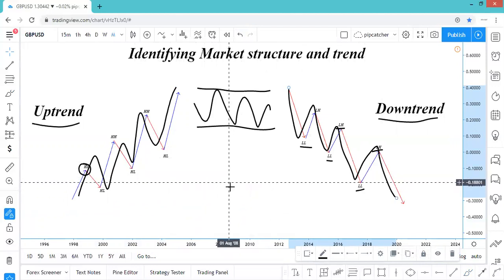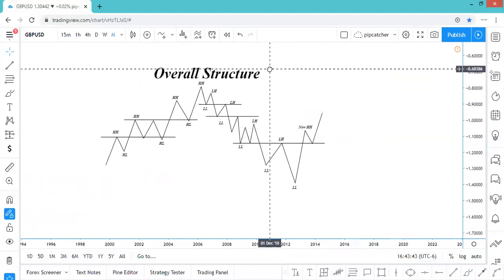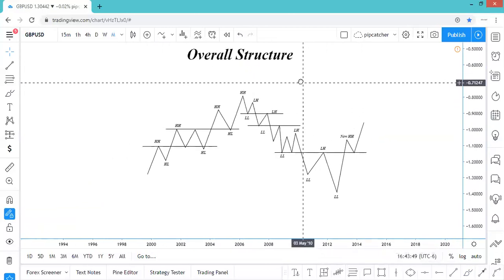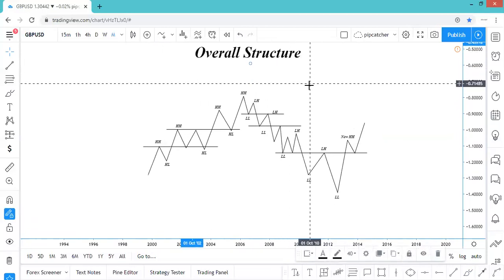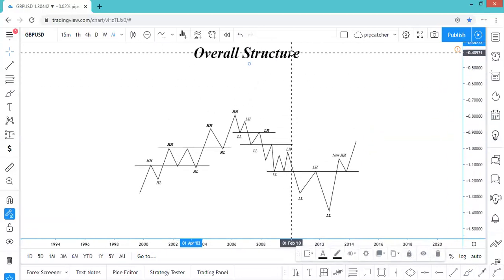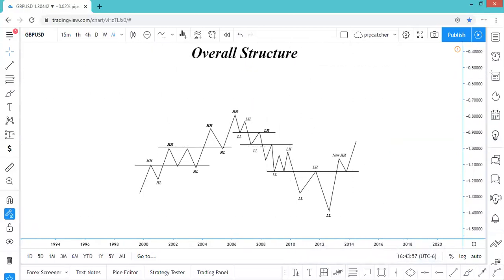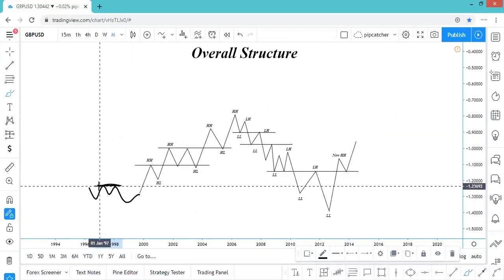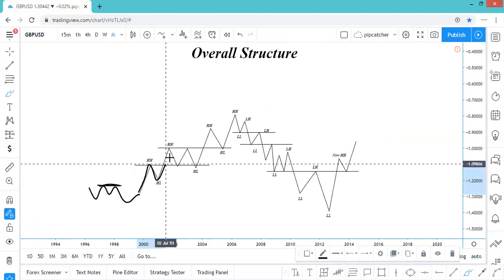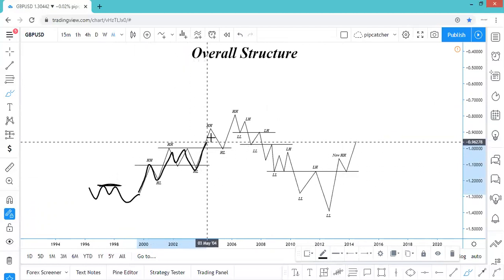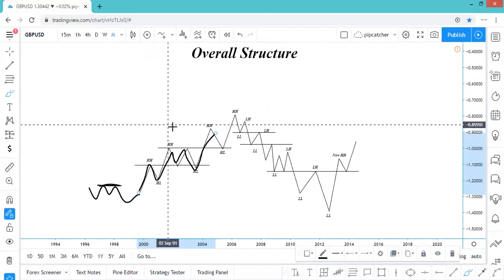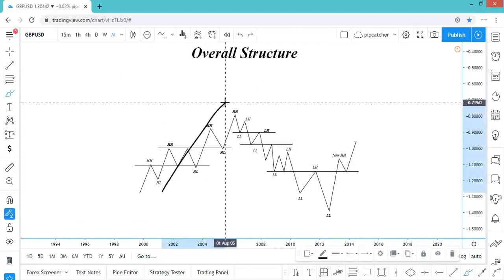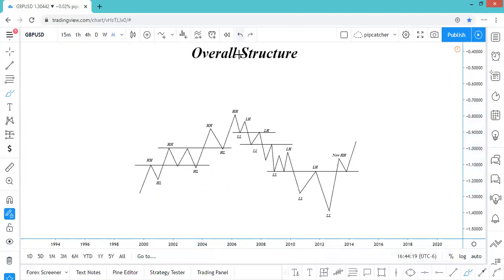So we'll look at it in this scheme right here of how overall structure is kind of played out, right? You see, price could be trading down here and break these highs, right? So when higher highs are getting broken, there is a high possibility that the market can continue going upwards in an uptrend.